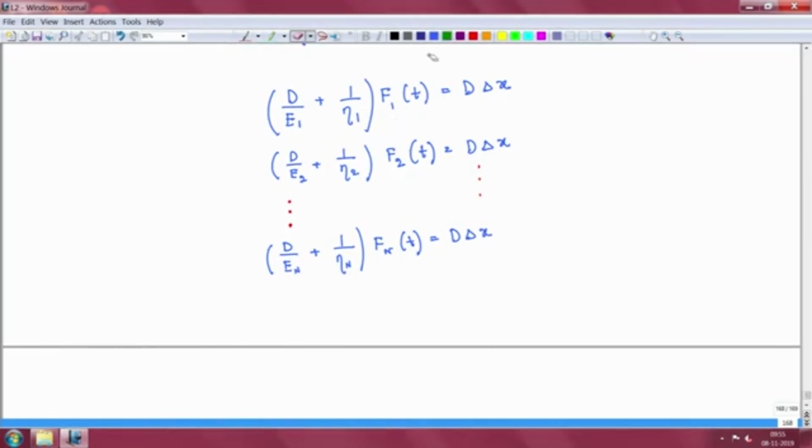So, some other way has to be figured out, and the way to do this would be I want to add all the different forces, right. So, I just want the same multiplier with all of them, but the multipliers are different.